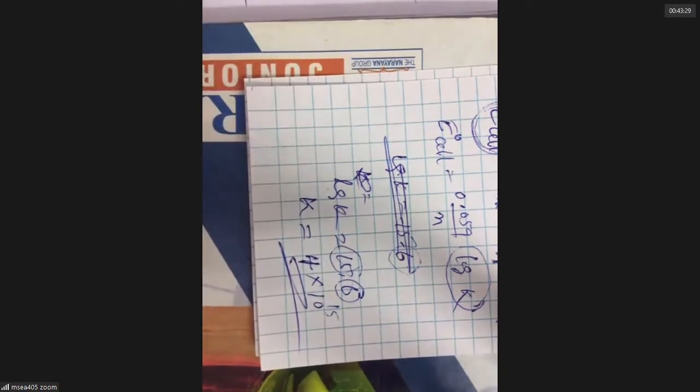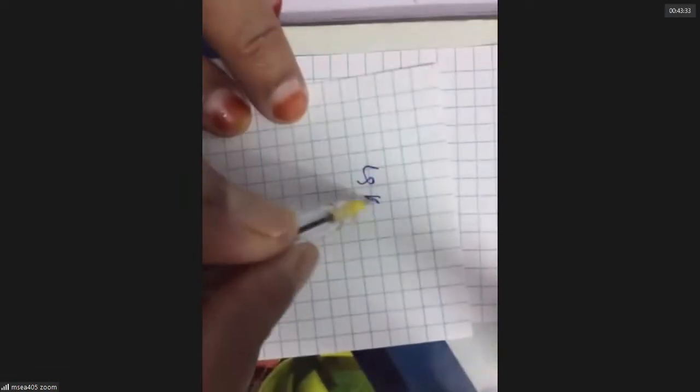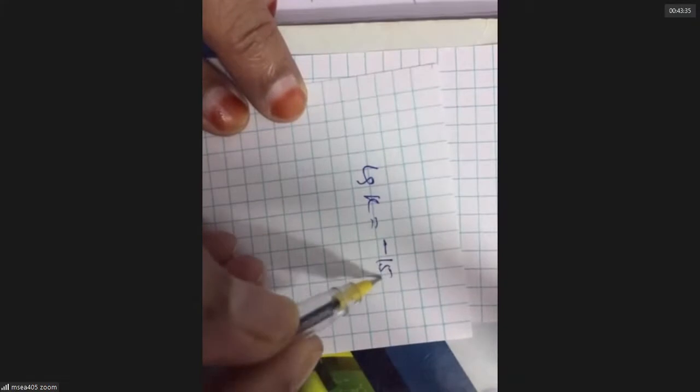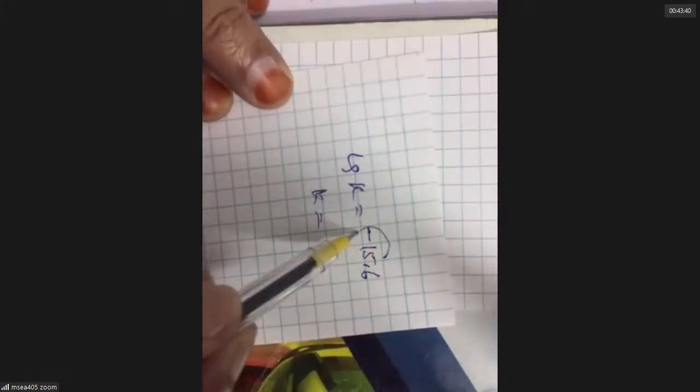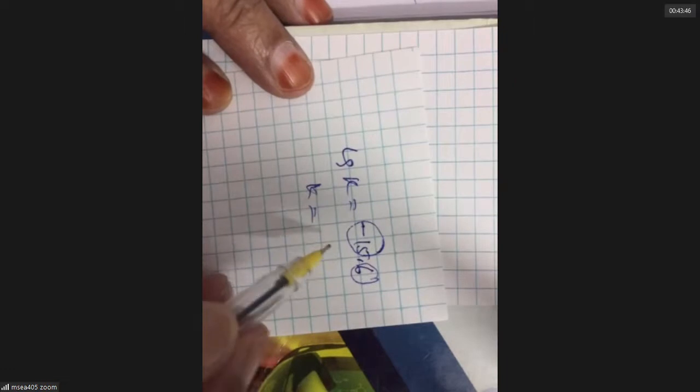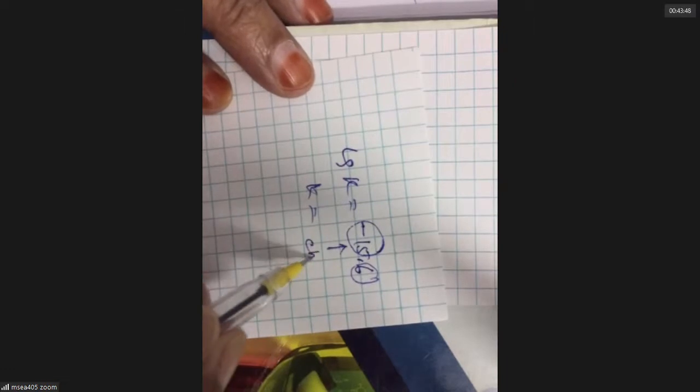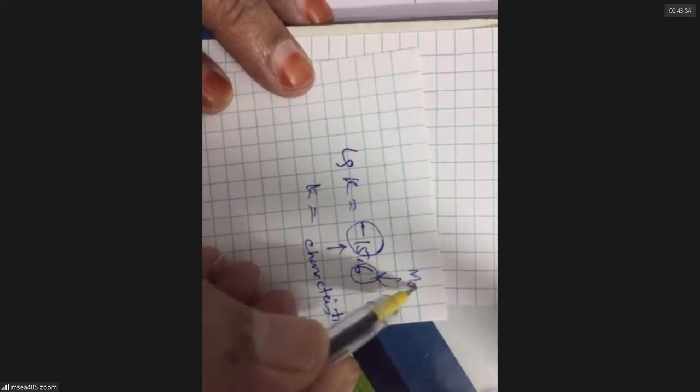Sometimes you get log K is equal to minus 15.6. Then K is equal to what? The part before the decimal point is called the characteristic, and the part after the decimal point is called the mantissa.